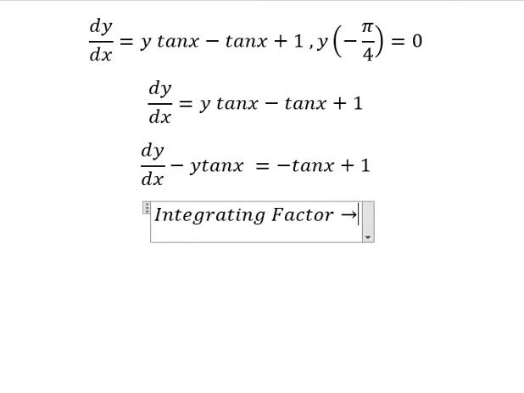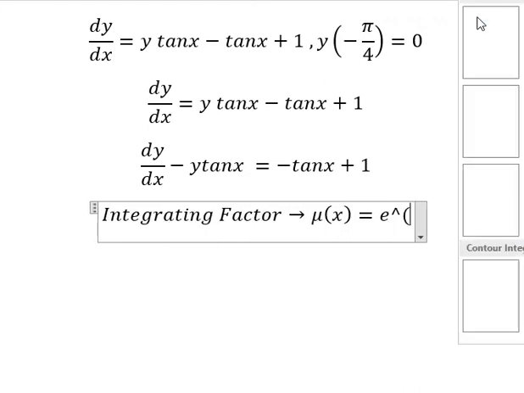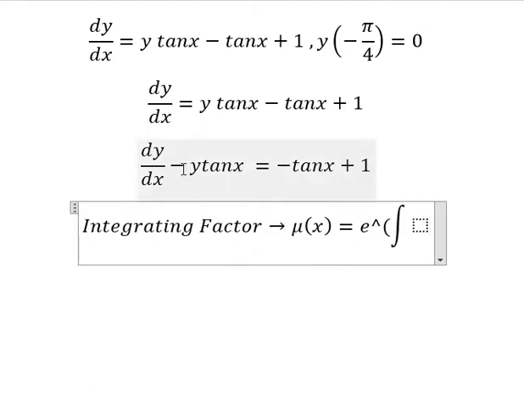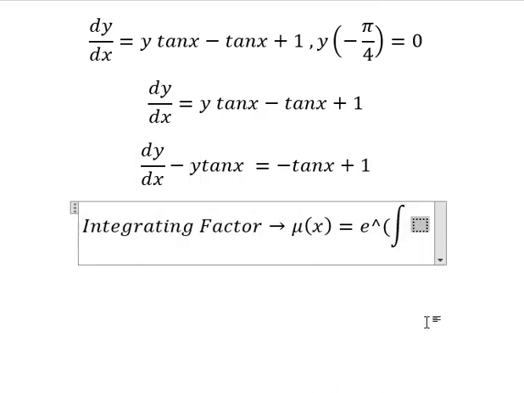So we need to use mu equals e to the power of the integration. So we see that negative tan x next to y is the integrating factor.